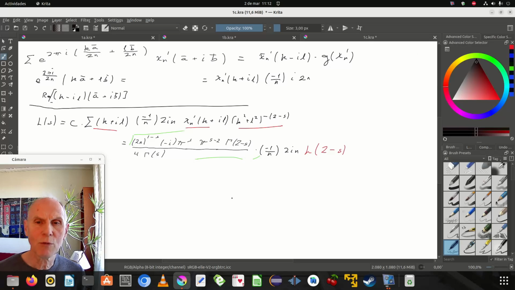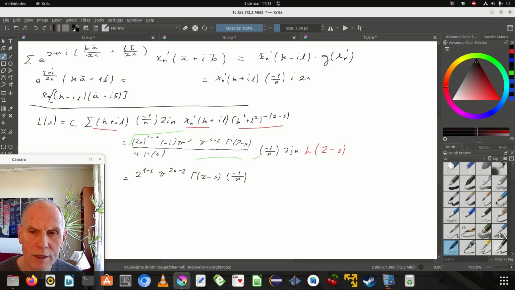So we are approaching what we have to prove. The next step is to reduce it and then see how close we come to what we have to prove. I times minus I cancel. Then we have a factor n, 2 to 1 minus s, pi to 2s minus 2, gamma 2 minus s, minus 1 over n.